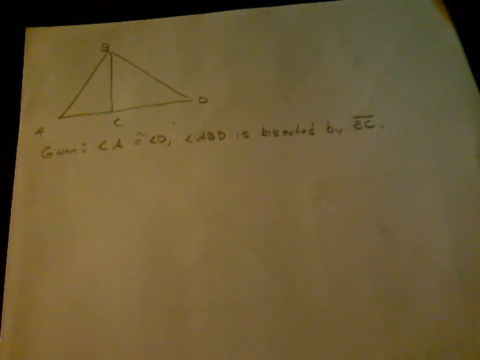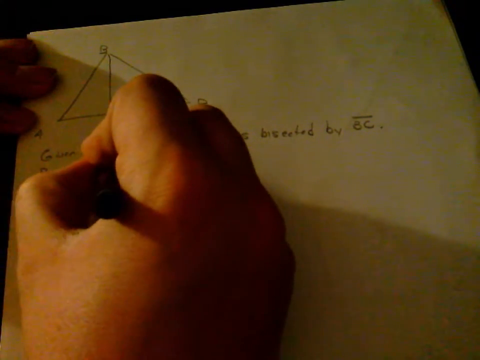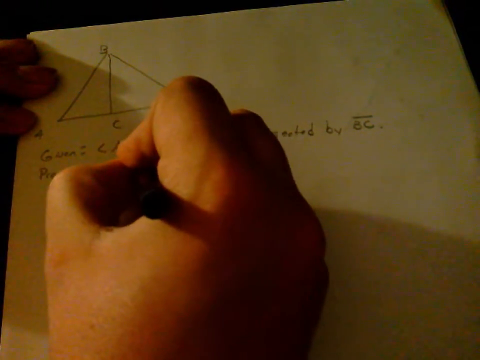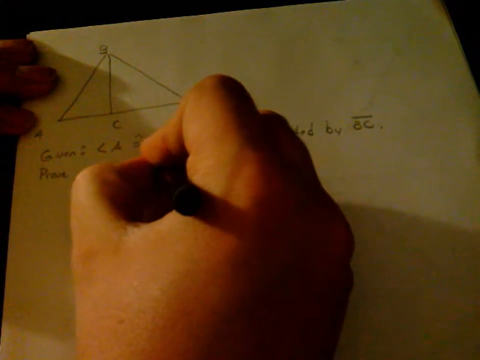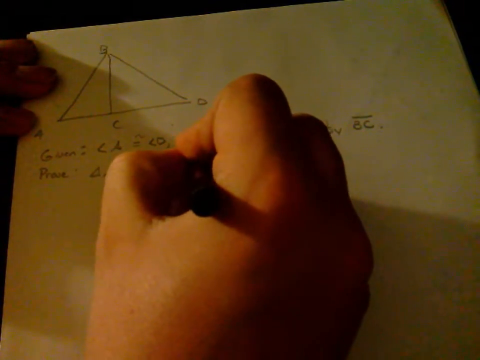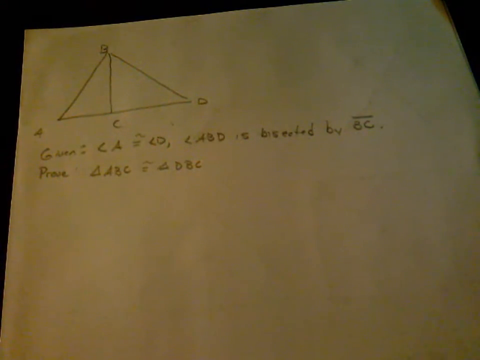That's the given. I'm going to tell you to prove triangle ABC is congruent to triangle DBC. So I'm going to ask you to prove that to me.